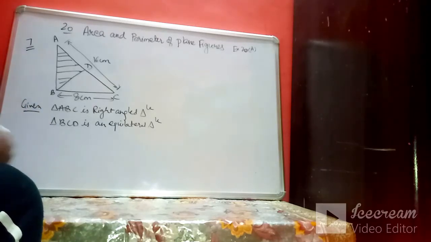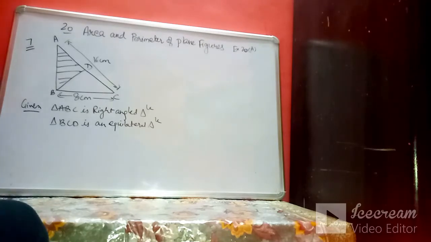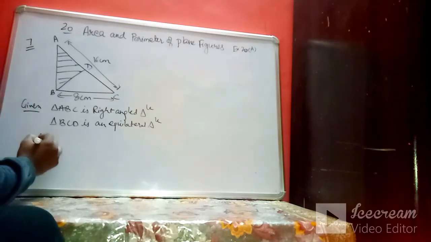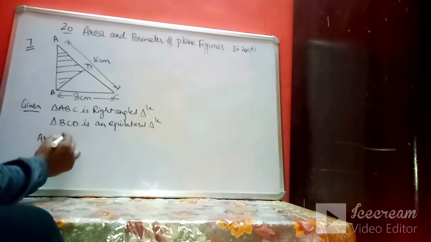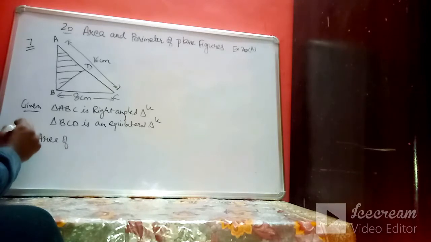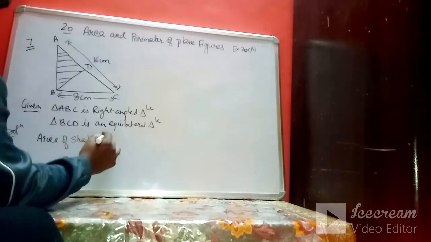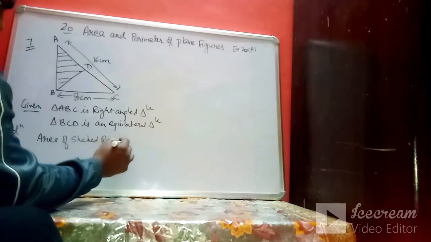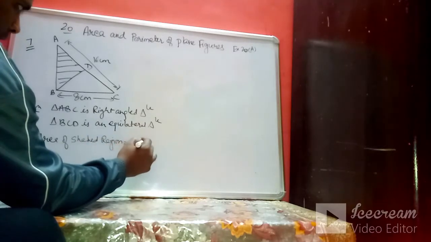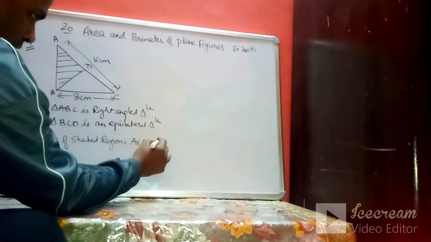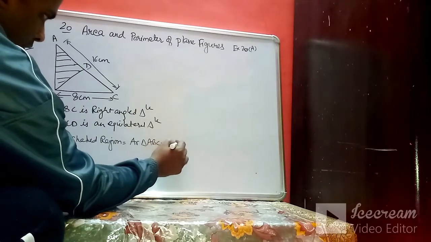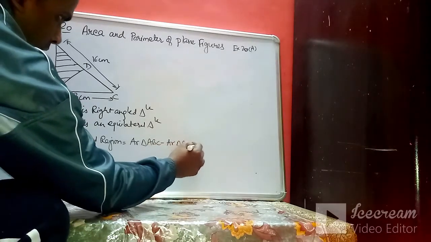So if you see the figure carefully, this is our solution: area of shaded region is equal to area of triangle ABC minus area of triangle BCD.